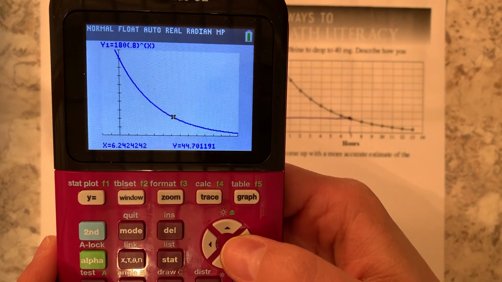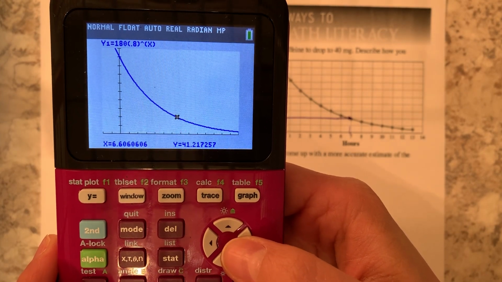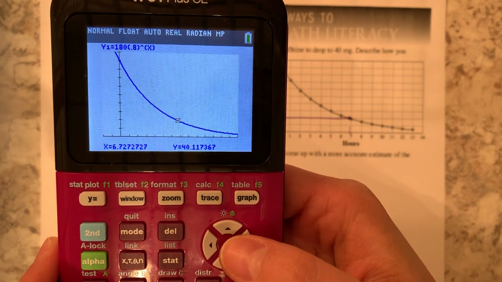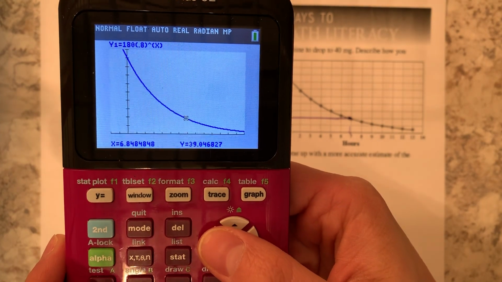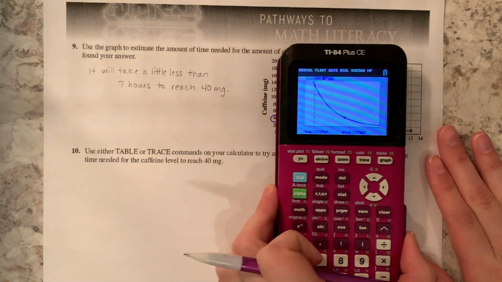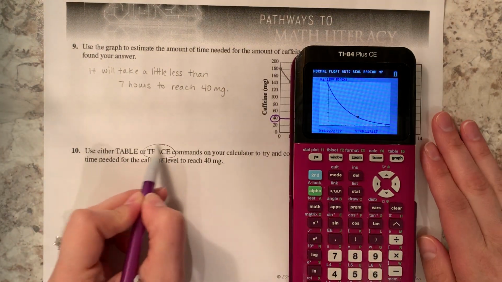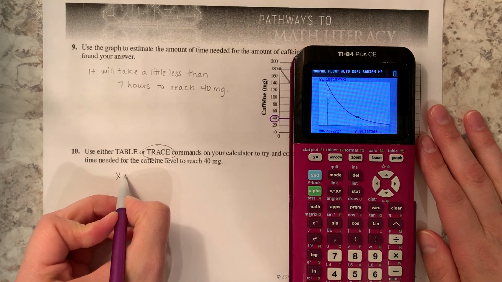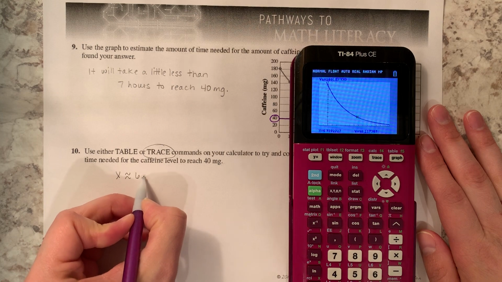So I keep tapping, 43, 42, 41, right there. That's what I want, 40.1. That's pretty darn close. If I go further down, I'm closer to 39, so I want to stick to this one. So using the trace button on my calculator, I can say X is about 6.7.